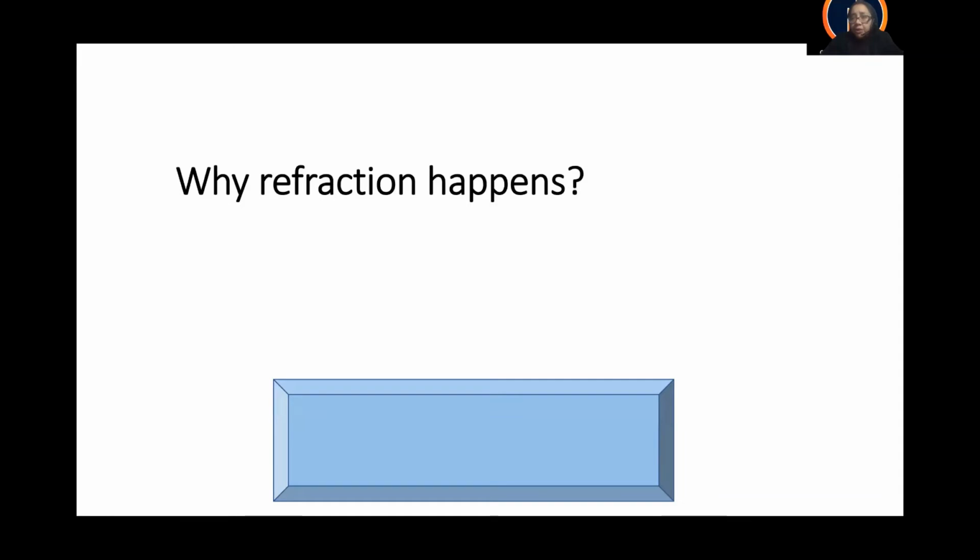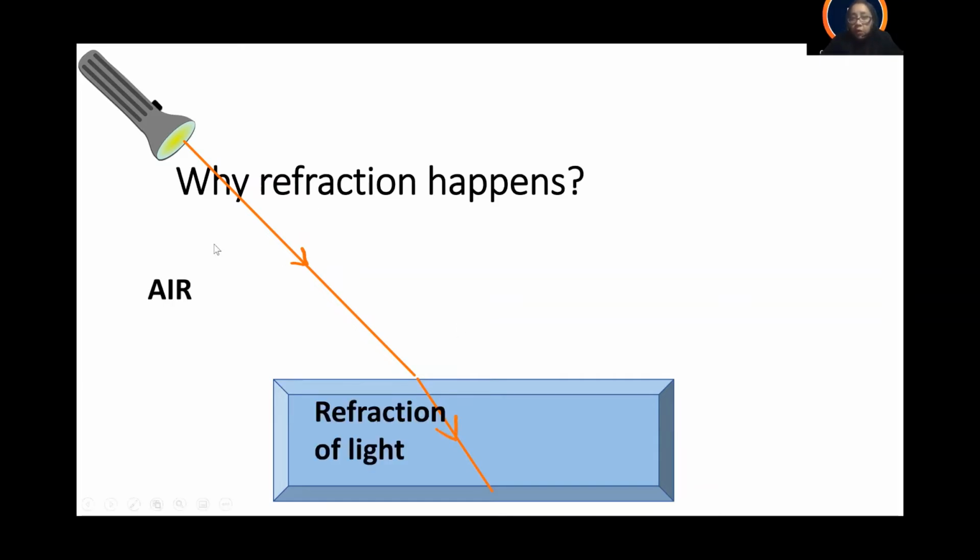Now, why does refraction happen? So we know that the light travels in a straight line and it is striking another surface. So we will see that it bends towards a particular direction whenever it changes the medium, right? So here we will see it is traveling previously in the air and then it is traveling in glass.